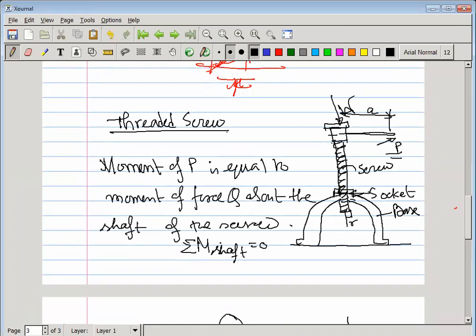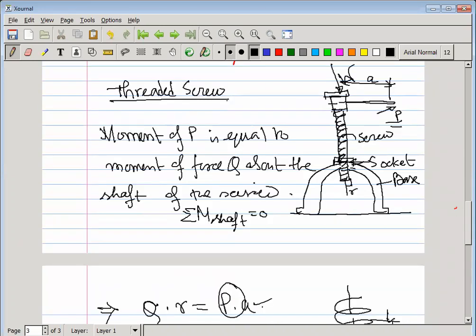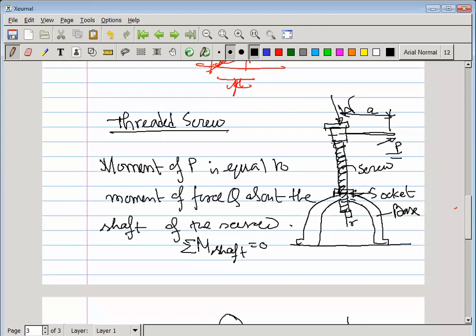See, this is an example of a square threaded screw. If it is a square threaded screw, what does that mean? Basically, we have to find out the friction, right? So just try to understand. This is a block. I can show you.